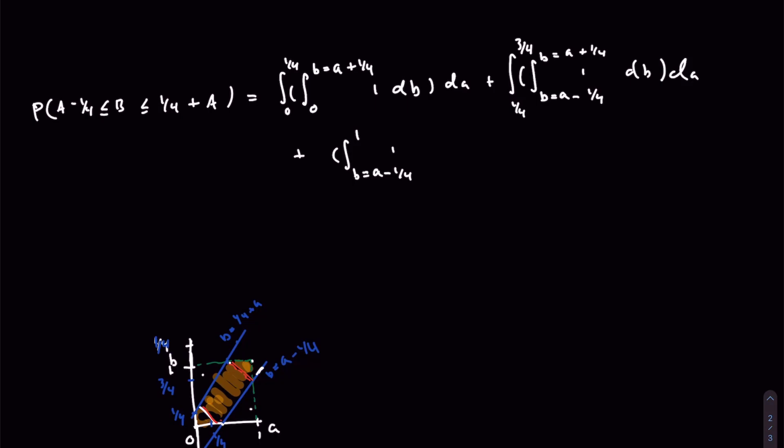This is over b, then over a, and the a part goes from 3/4 up to 1. This integral, I'm not going to do this again, but it will end up being the same thing, and I encourage you to check that.